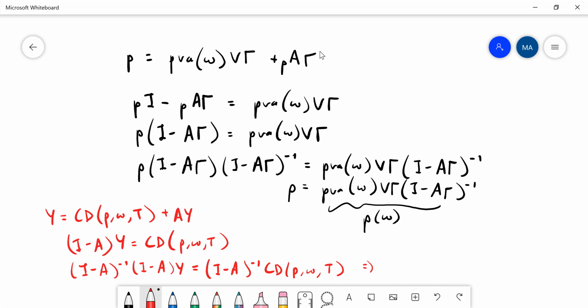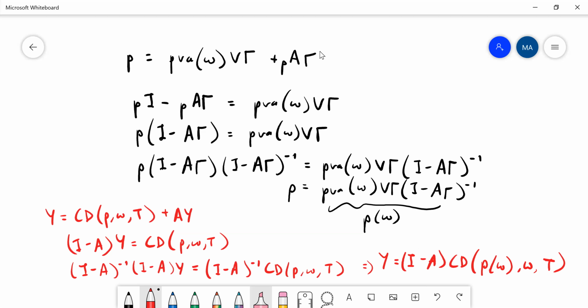Okay, so you have Y equals the Leontief inverse, then the consumption demand, P omega, omega, and T.